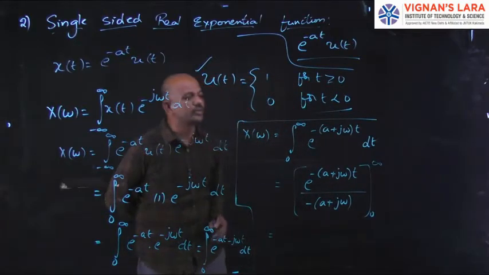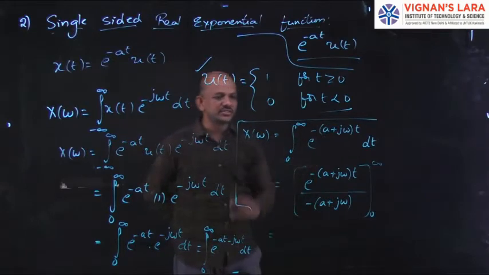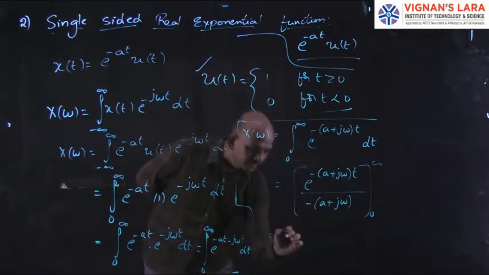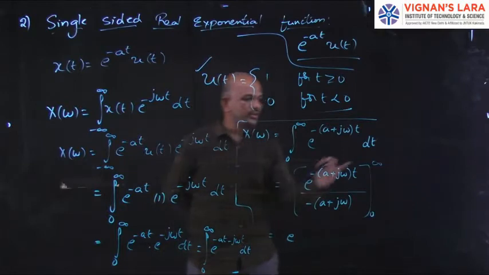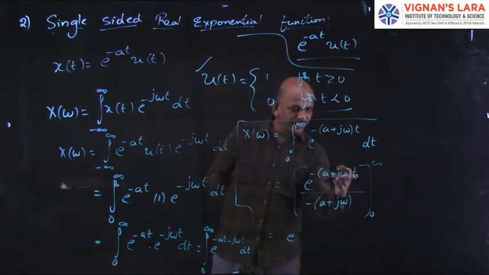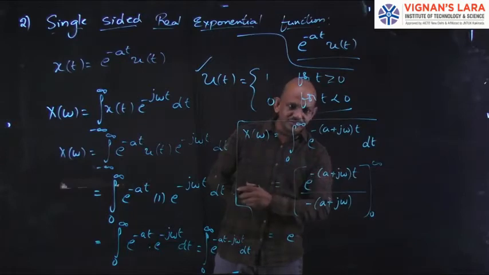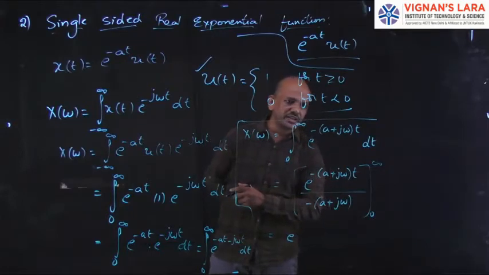Now that will be equal to substituting the limits. So what happens? E power, substitute infinity in place of t. Infinity into anything is infinity.